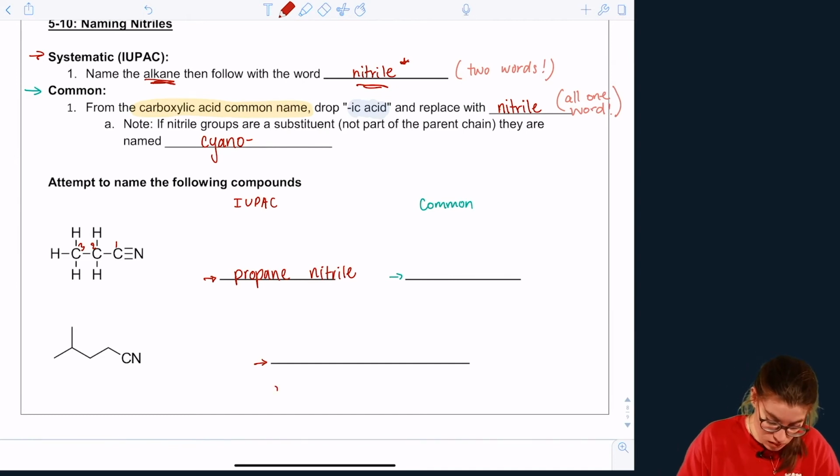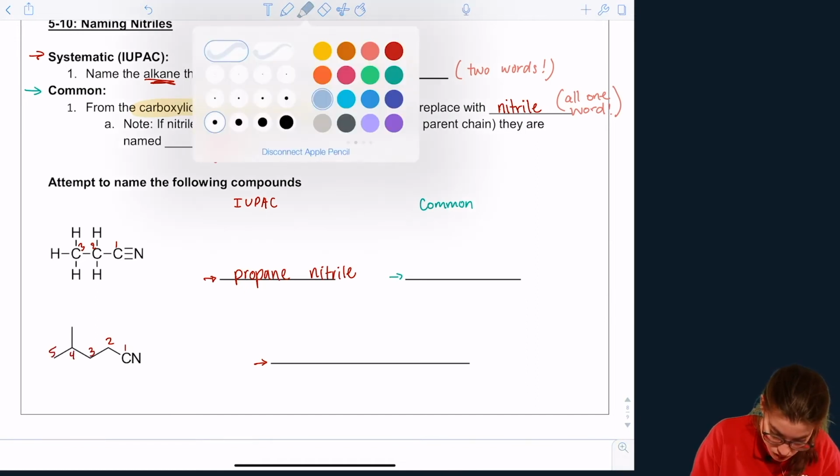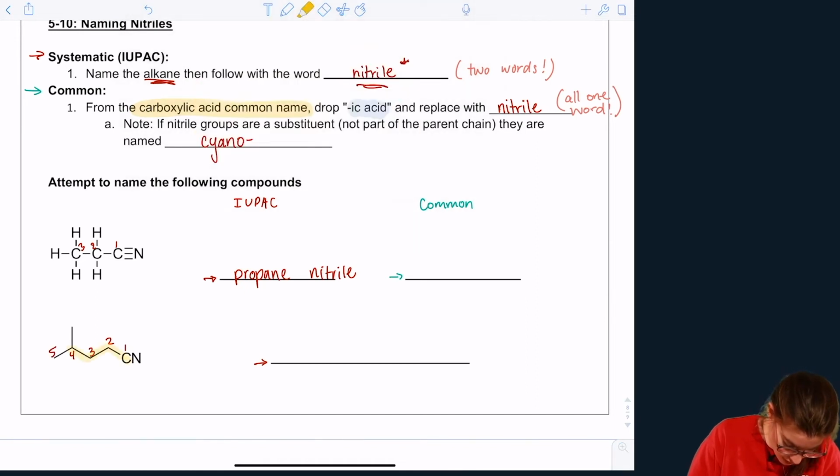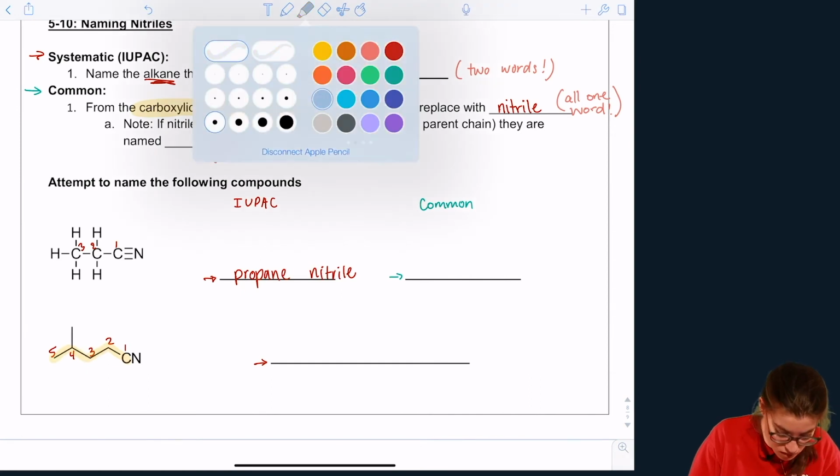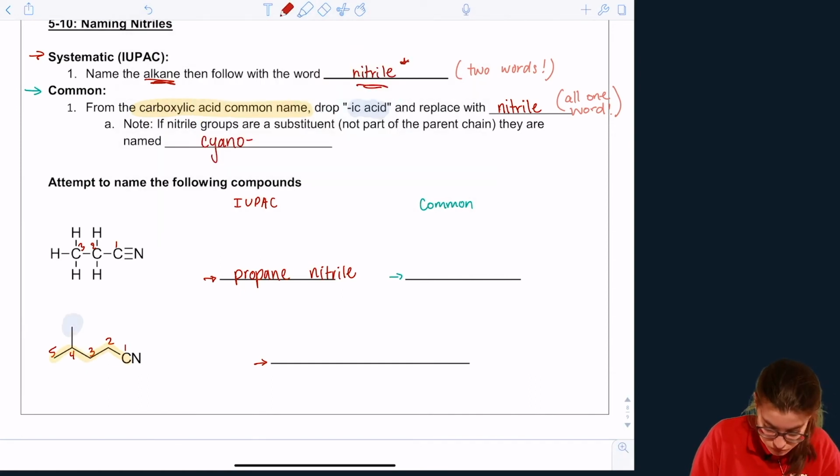For this one, we've got 1, 2, 3, 4, 5. So here is our parent chain, and we have a methyl substituent. If we name our parent chain as if it's an alkane, it will be pentane. So that's our parent, right?